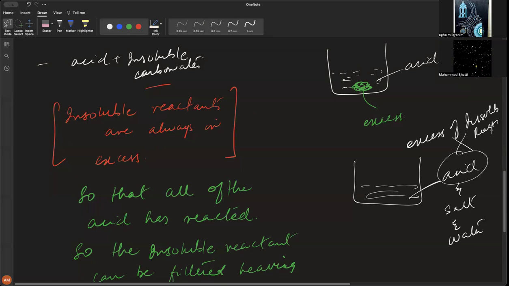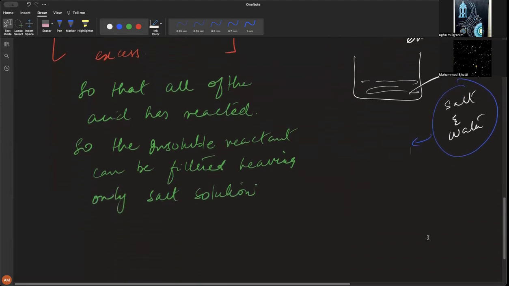So all of the acid is going to be reacted, and there will be no more acid. Only excess insoluble reactant and the salt solution will be there. So we can filter this solution and remove the insoluble reactant. We will be left with only salt and water, and that salt solution can be crystallized to get the pure salt. Do you understand this point?